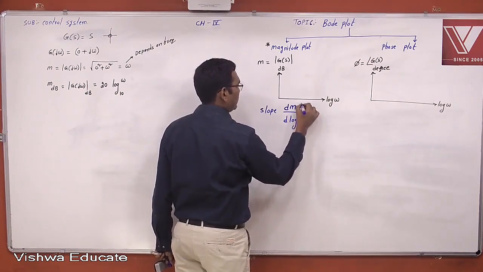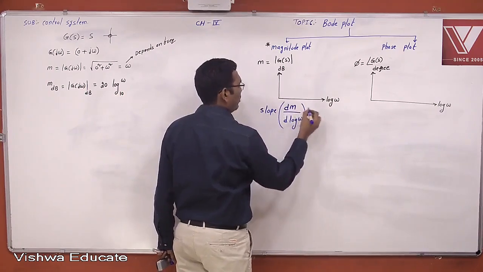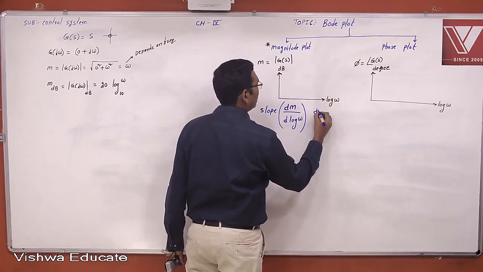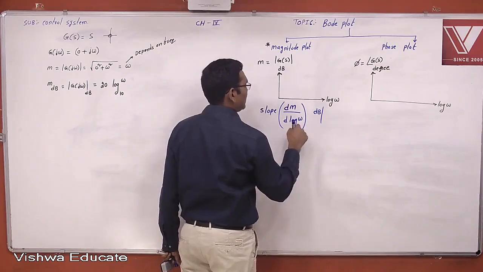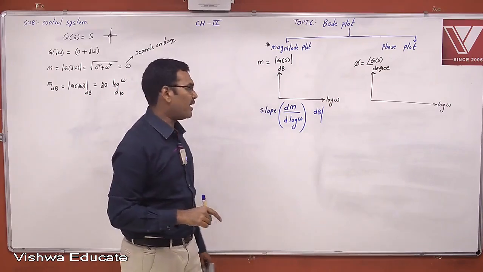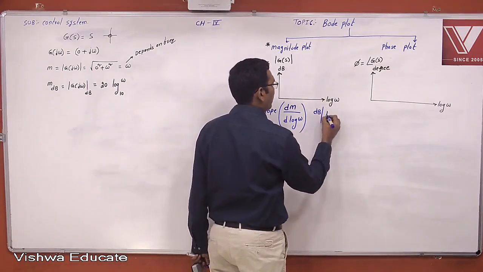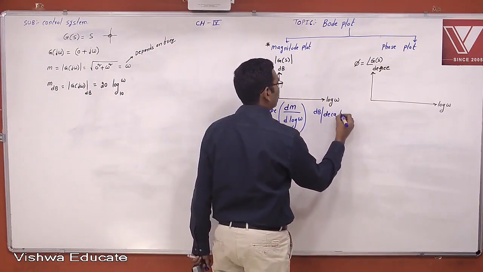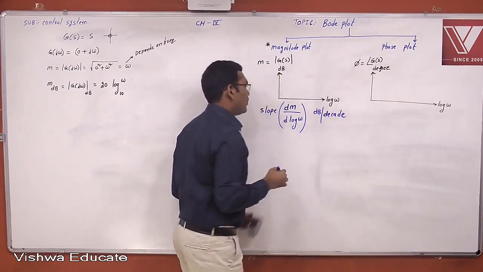What is x-axis? Logarithmic frequencies. Units are also important. Now y-axis is dB per x-axis logarithmic frequencies, but frequencies changing by a factor of 10. Therefore, this is called decade. dB per decade.